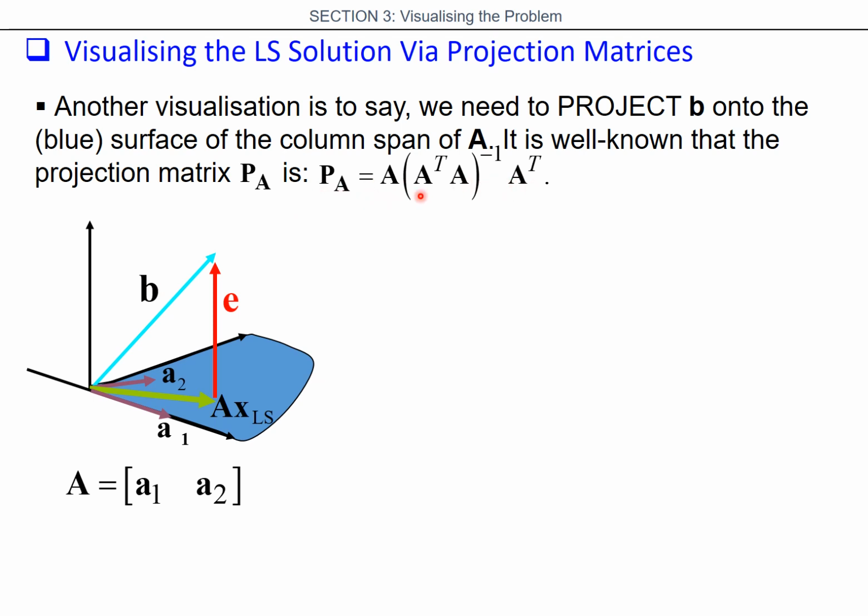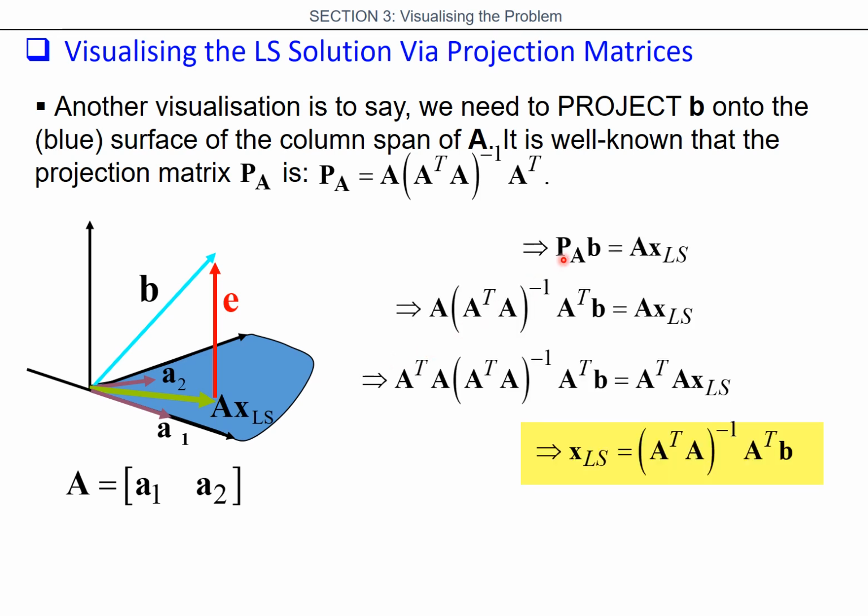The projection matrix is given by that formula, where the columns of A span the surface on which you wish to project. So projecting B onto that surface should give us A x_LS. All we do is simply substitute for the projection matrix, do a bit of rearranging and pre-multiplying, and you get the familiar solution.